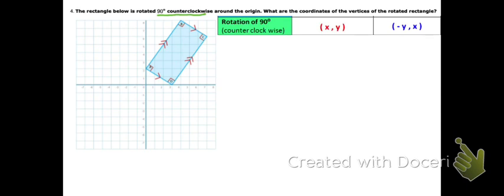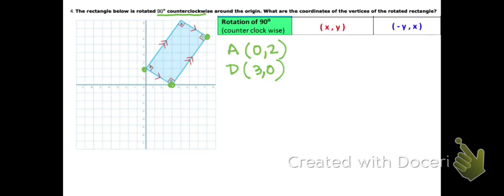So for this one, we have to come up with the coordinates of each of the points. So like this one right here, point A, that is over 0 up 2. This one here, point D, is over 3 up 0.